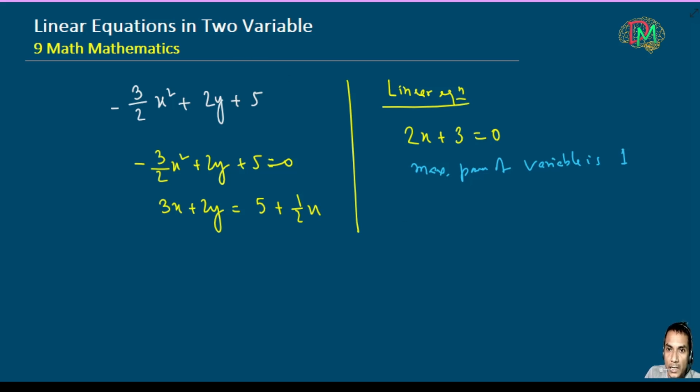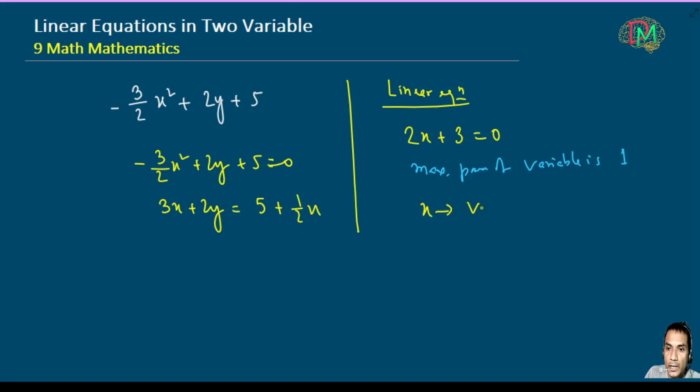This chapter is about two variables, but in this example there is only one variable. What is the variable?